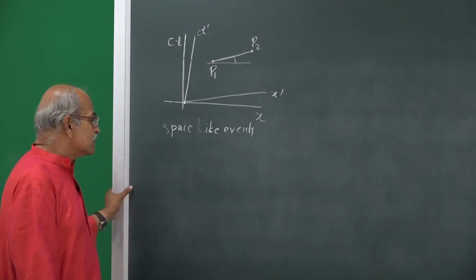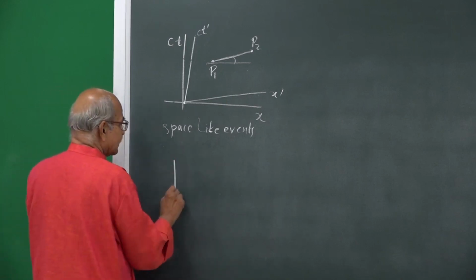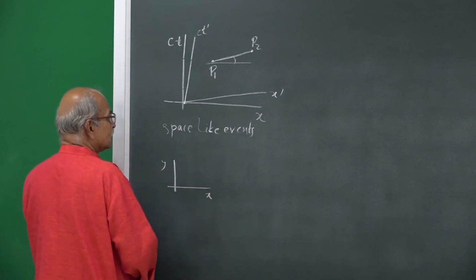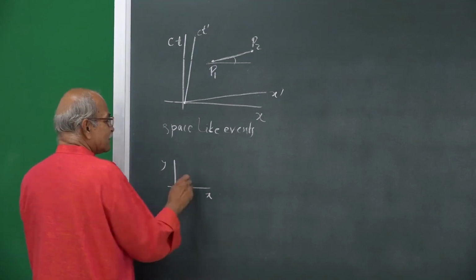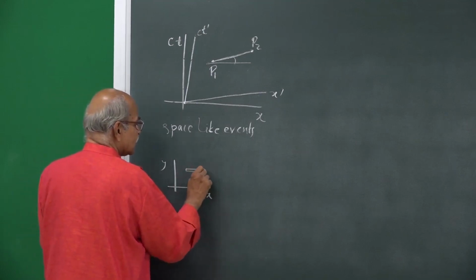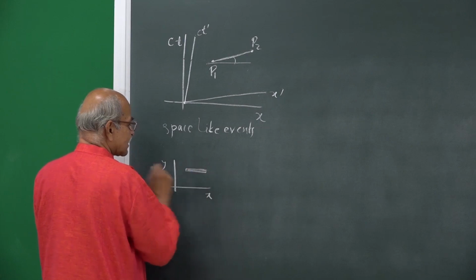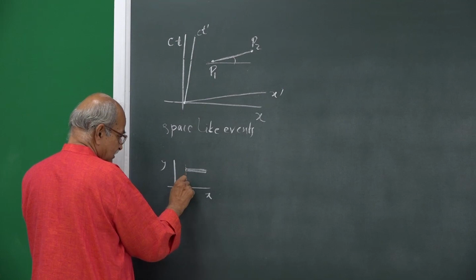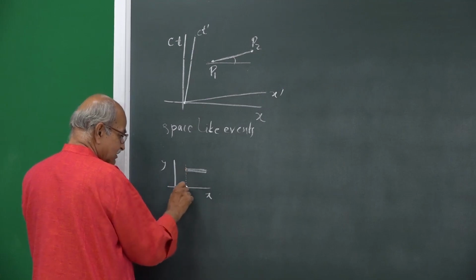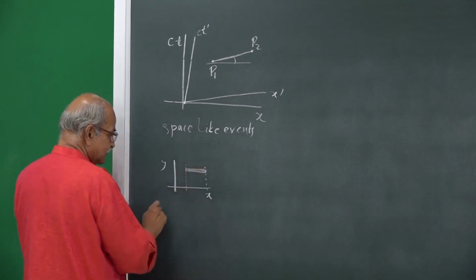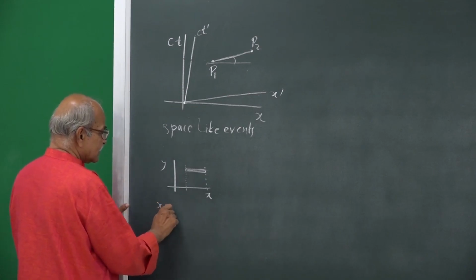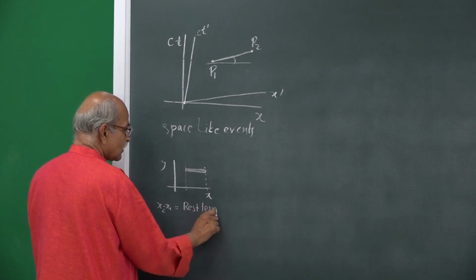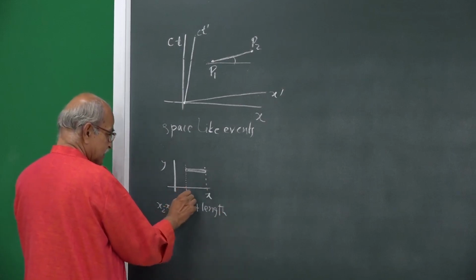Now you can consider a rod, let us say a rod, this is x axis and this is y axis. Now this is not Minkowski's diagram, and then you have a physical rod which is placed parallel to x axis, and you can measure this position at any time t1, this position at any time t2, and x2 minus x1 is the rest length. So, these are two events, measuring.